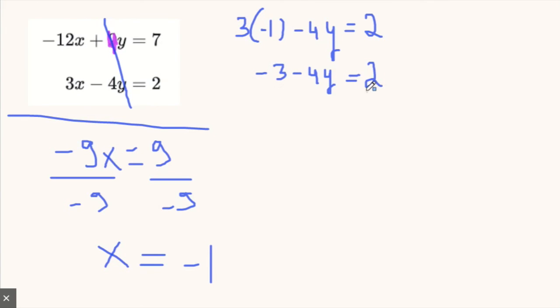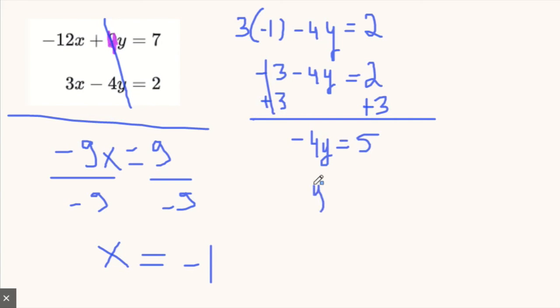Negative 3, in order to carry this to the other side, just going to do plus 3, plus 3. That's going to give us negative 4y, because these two cancel out. 2 plus 3 is going to give us 5. And then you can just divide both sides by negative 4, and you'll get 5 over negative 4 for y.